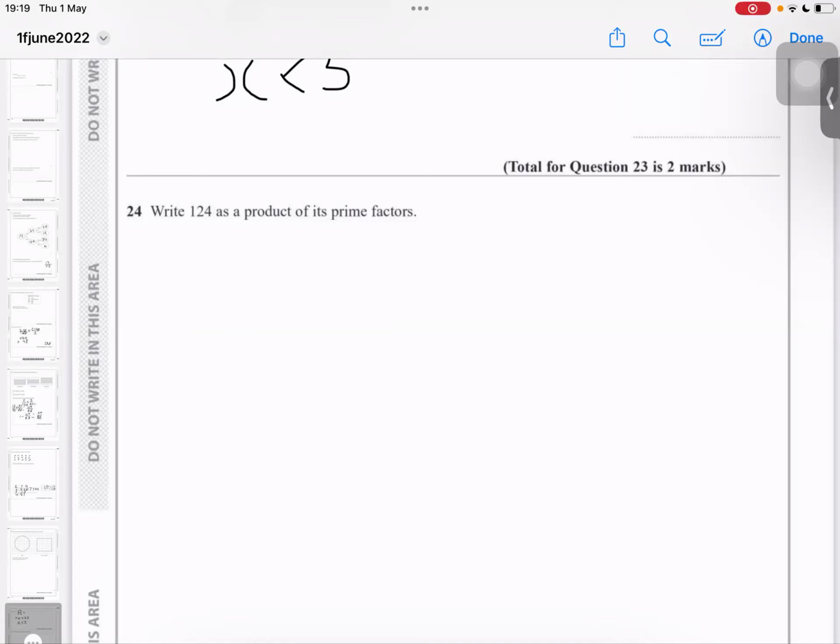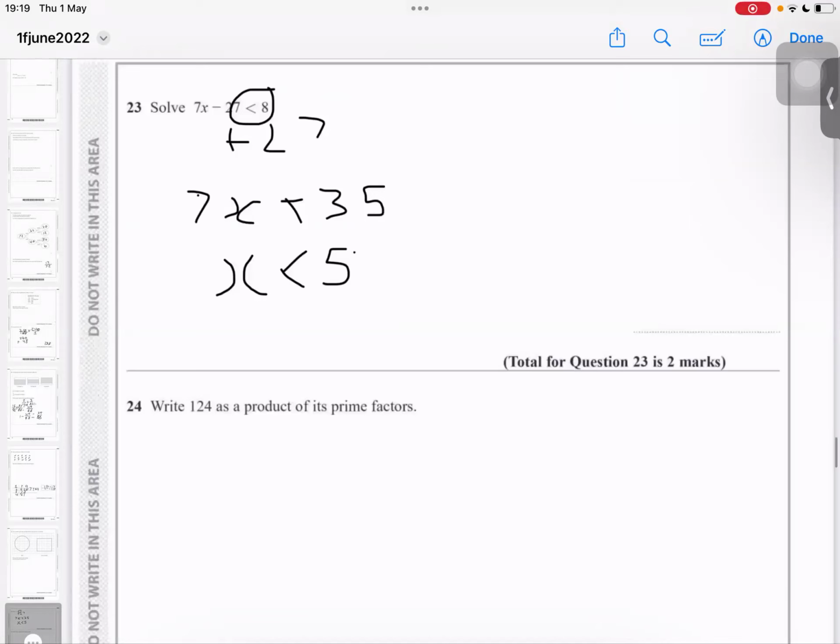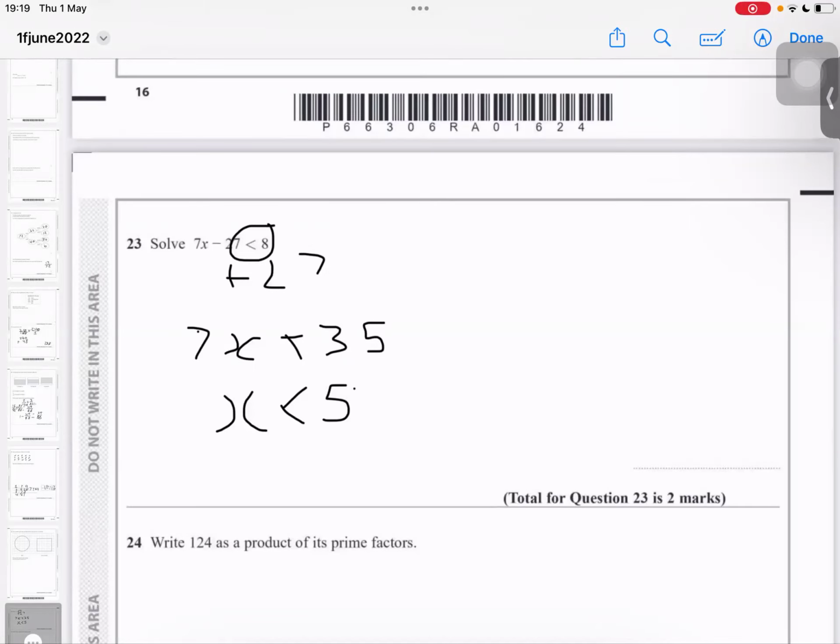Okay, sorry, let me just say something about that one that we did before we leave it, just to remind us of a few things. Did you notice something? The sign still remained as less than. You remember when we first mentioned inequalities, I said that when you are dealing with inequalities, it looks as if you are dealing with normal linear equations.